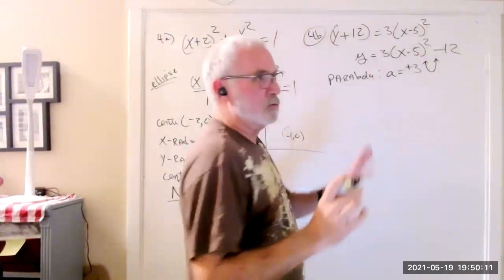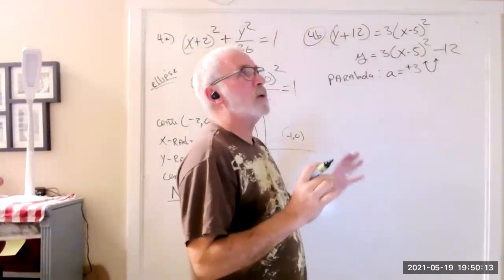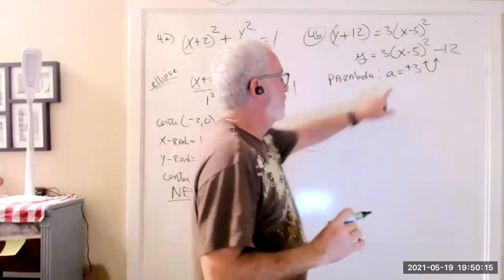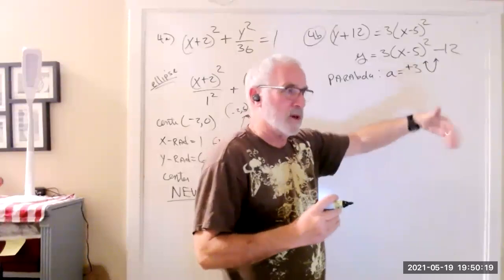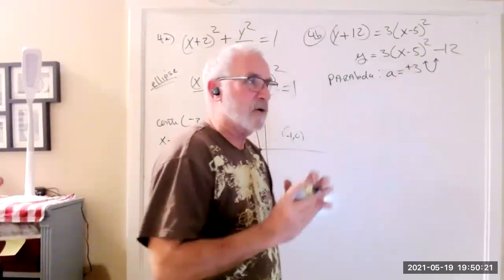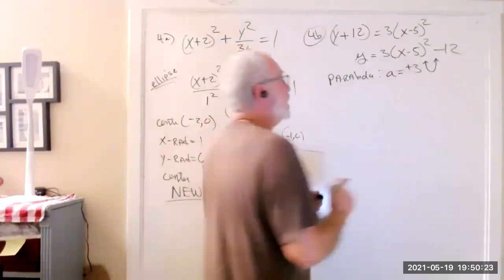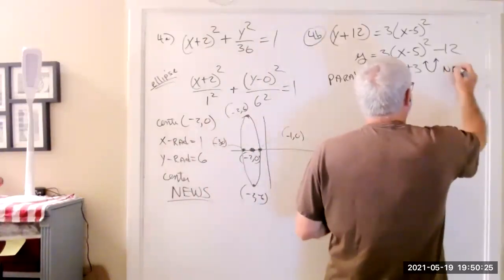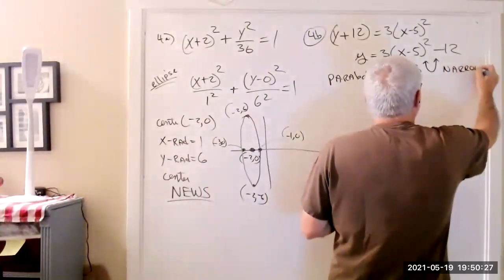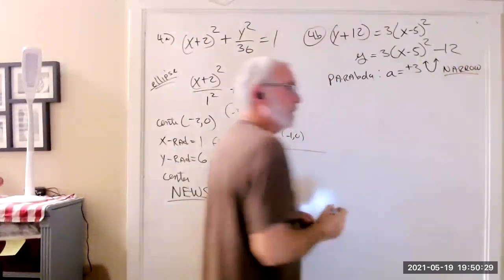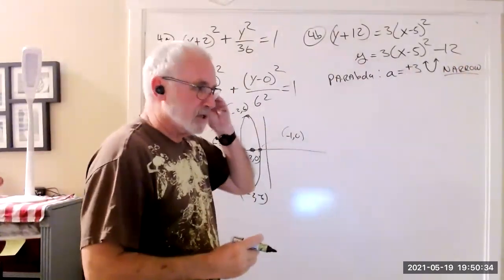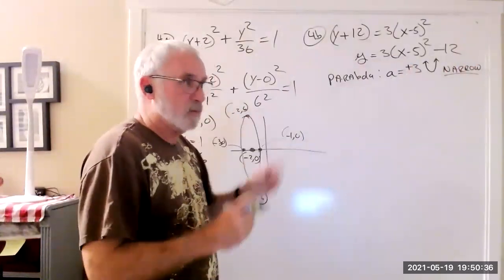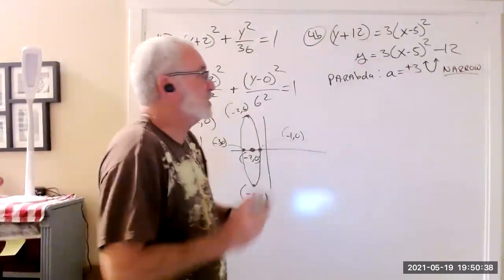And you won't be required to answer this, but remember, the bigger the A value, 3, 4, 5, the skinnier it gets. So this is going to be a pretty narrow parabola if I was to graph it. Or if you were going to put this on Desmos or something like that, it'd be kind of narrow, kind of tall and skinny.